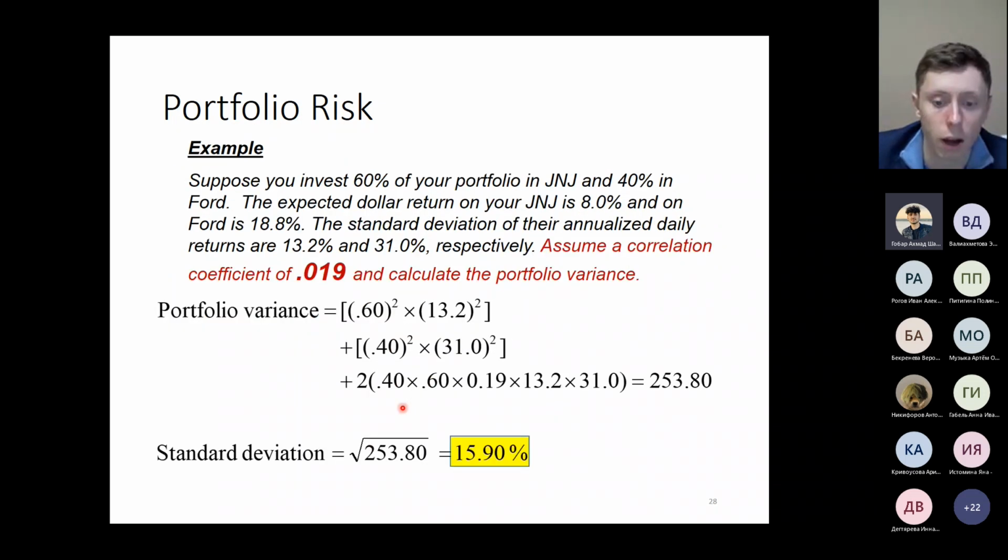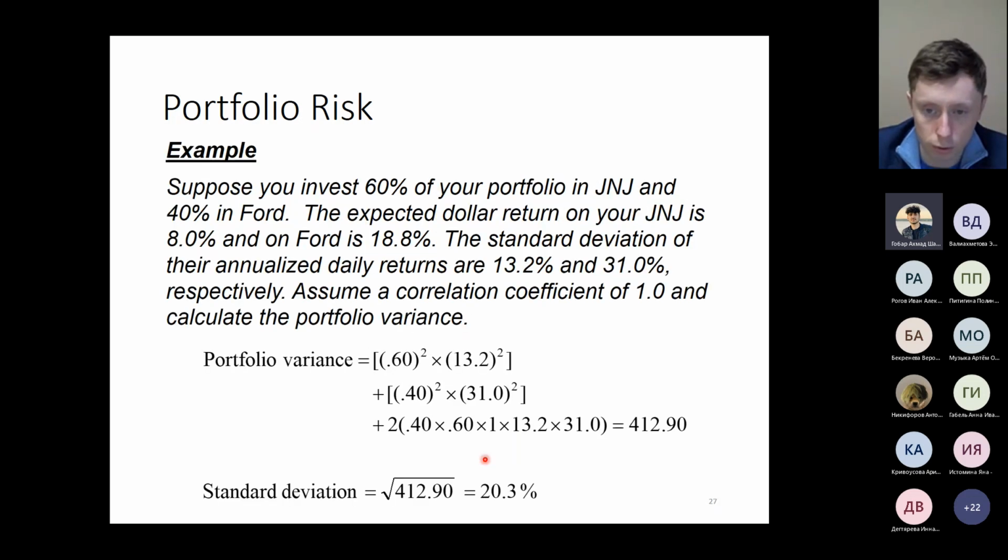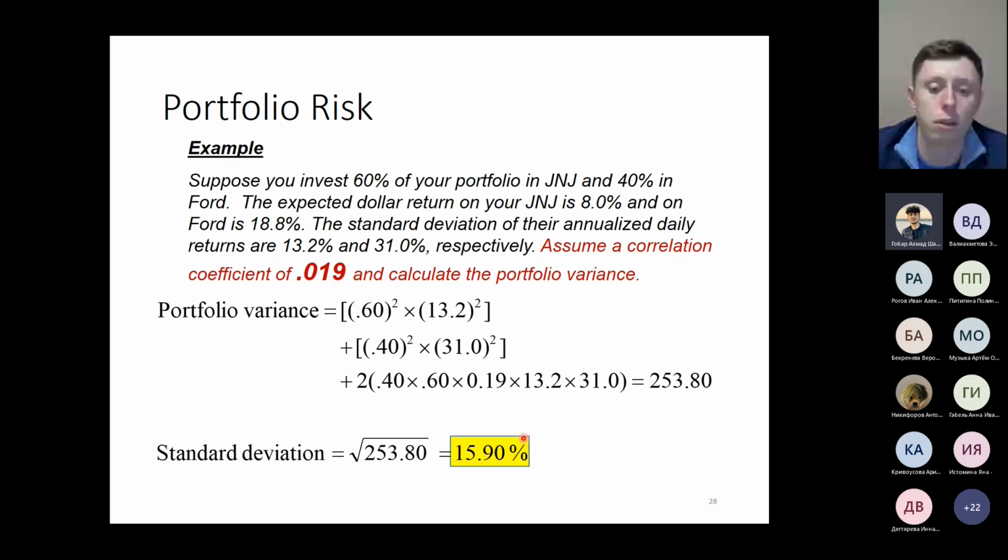Let's compare our results for the case where the correlation coefficient instead of 1 would be 0.019. The formula would be the same except for this component here. And the standard deviation instead of 20.3 would be 15.9. Yeah, so this is already the reduction of the risk.